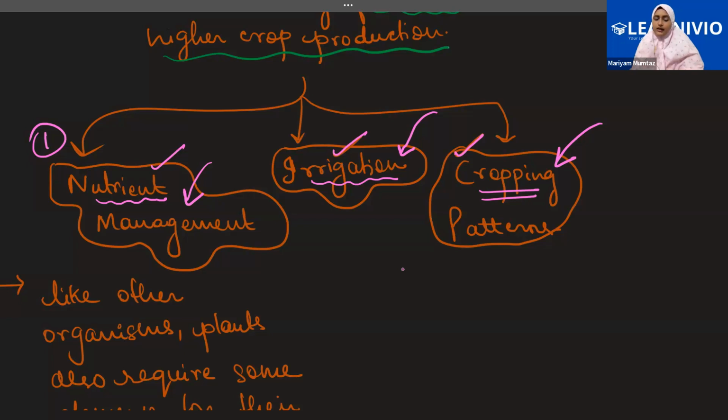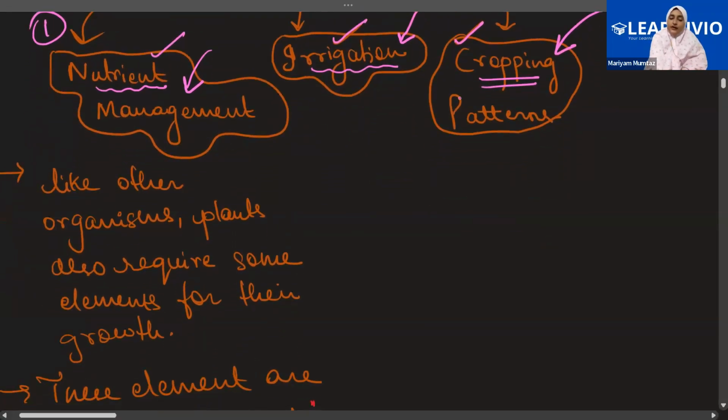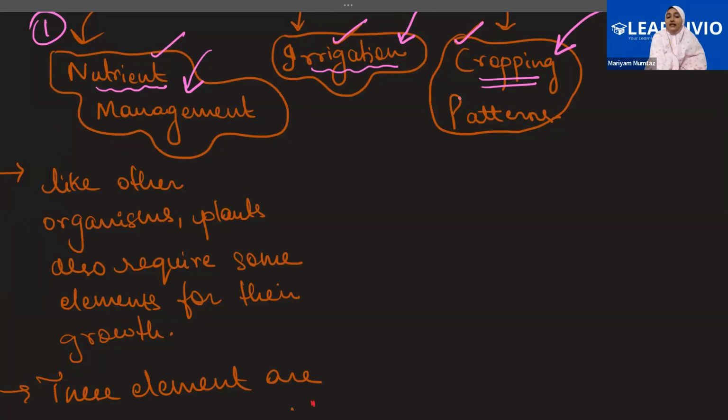So now, nutrient management means if we increase the available nutrients in the soil or if we decrease them, it is going to affect the growth of the plant, isn't it? With the help of some fertilizers, maybe some natural manure, we can increase the nutrient quality of the soil.